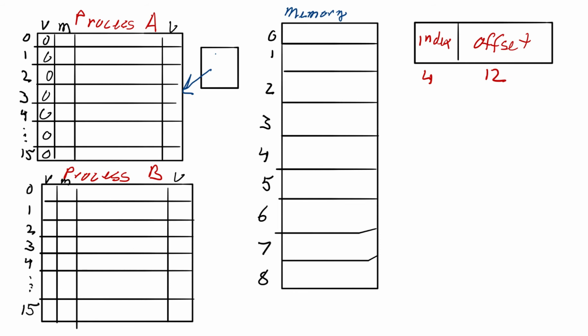So process A is going to ask for memory. Most likely, as it starts to run the program, it's going to ask for memory location 00. That's usually the first instruction of our program. So it's going to ask for this, and the CPU is going to try to translate the address. As the CPU translates the address, it takes the address, finds the index, and the index will be 0.